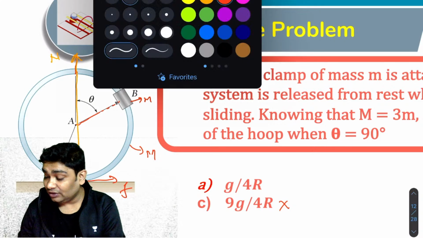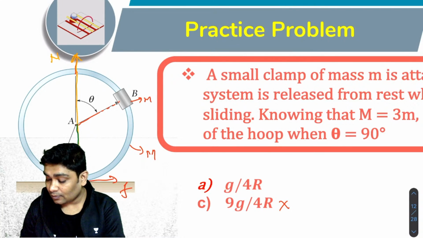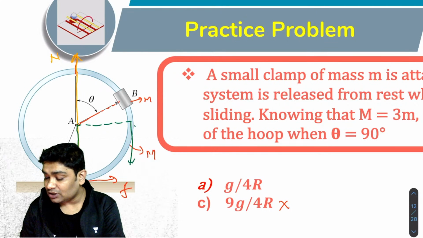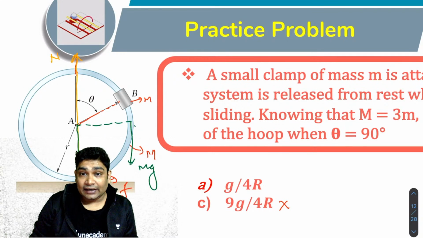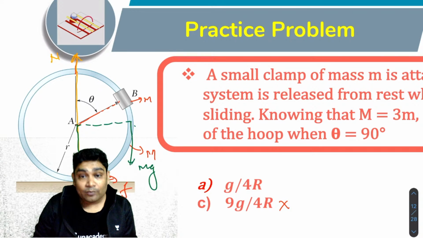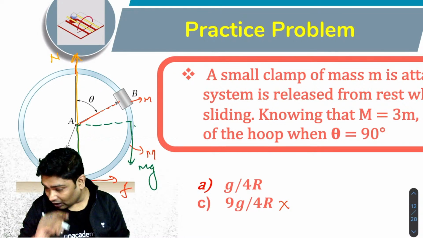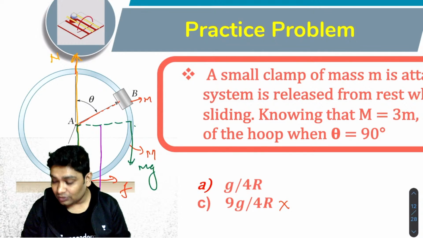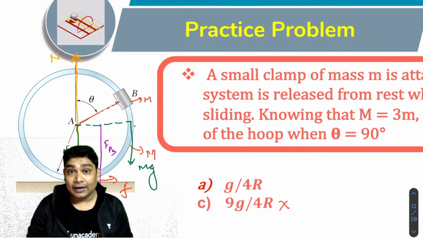Then I will have BMG acting here, and MG acting from here, because I have to calculate this at theta equals 90. And now I have to apply the pseudo force also, F pseudo. So this would be the correct FBD when I include the pseudo force.